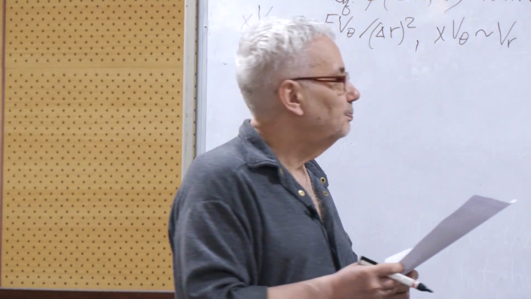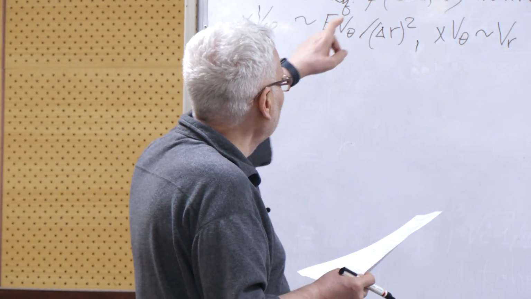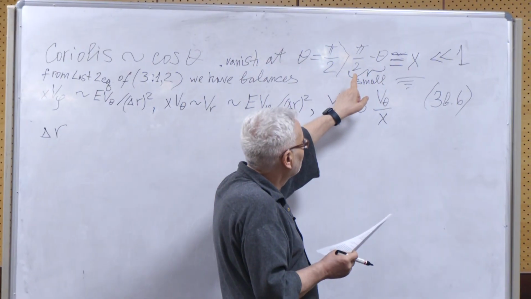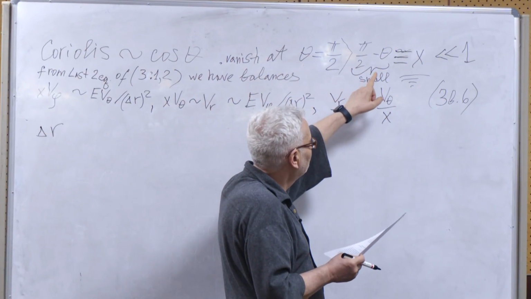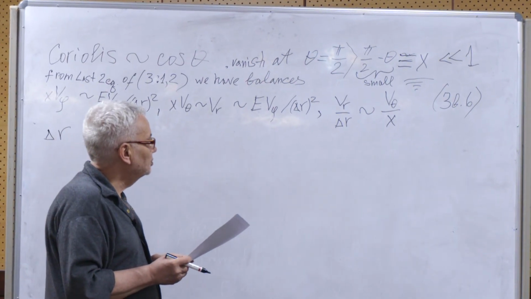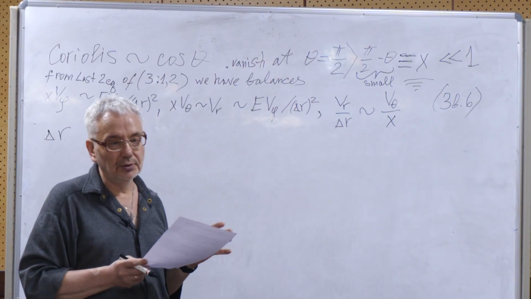You see that there is a trick here, that Coriolis is proportional to cosine theta, so it's actually proportional to this x, which is pi half minus theta. So its Coriolis force becomes diminishing.